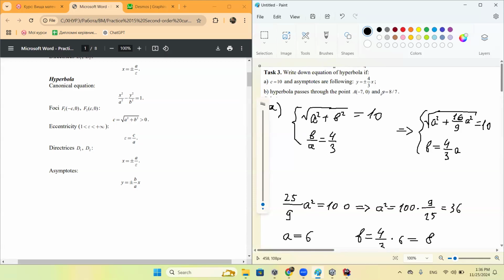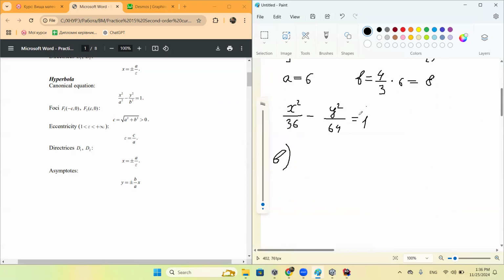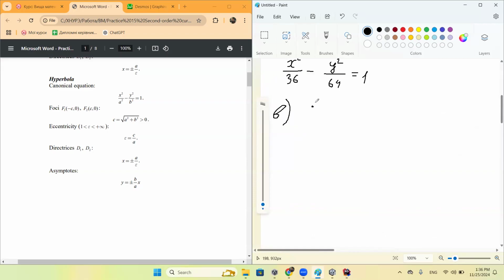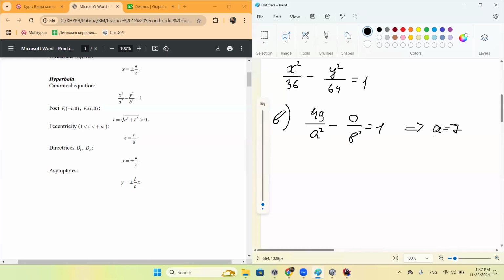So the first equation, where we can find A: 49 by A to the power of 2 plus 0 by B, minus 0 by B to the power of 2 equals 1, where we can find that A equals 7. So found it.